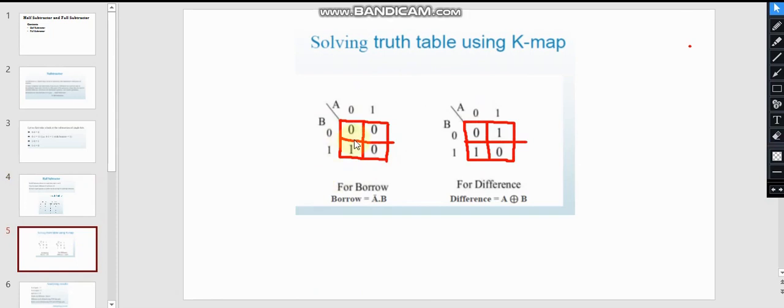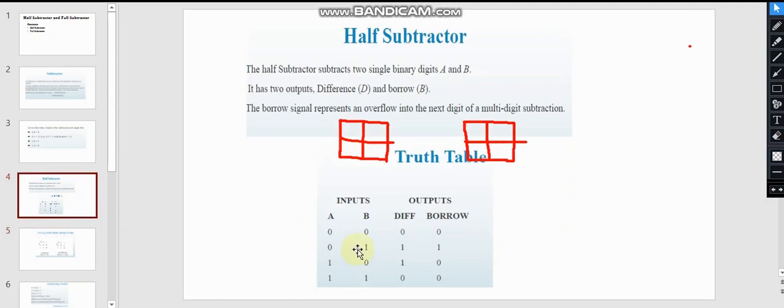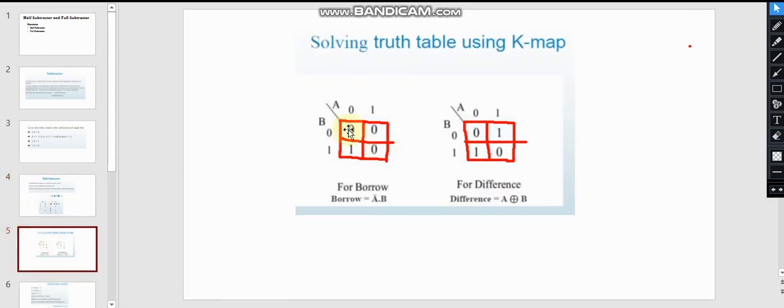In the case when b is equal to 1 and a is 0, we have the borrow equal to 1 in our truth table. It is obvious that the borrow is 1 when a is 0 and b is equal to 1. So we will implement this in the Kmap.